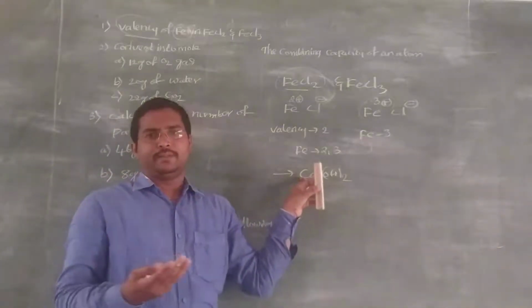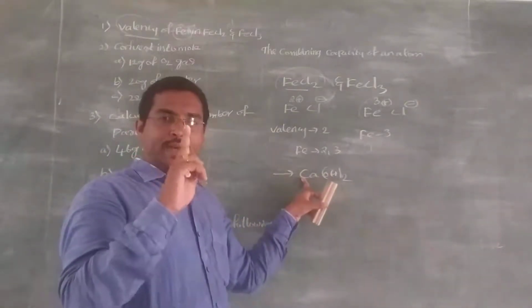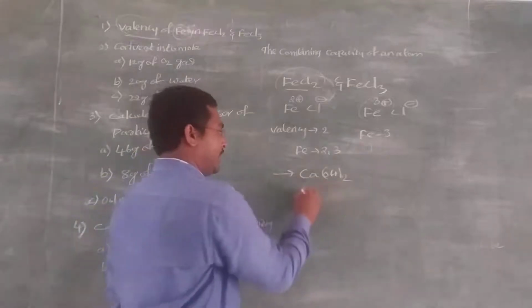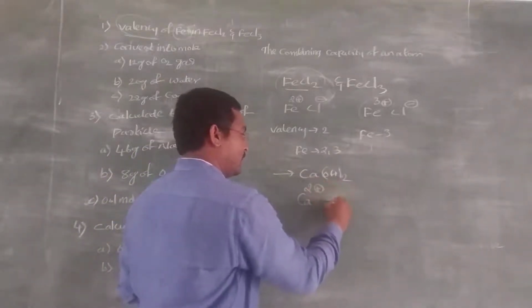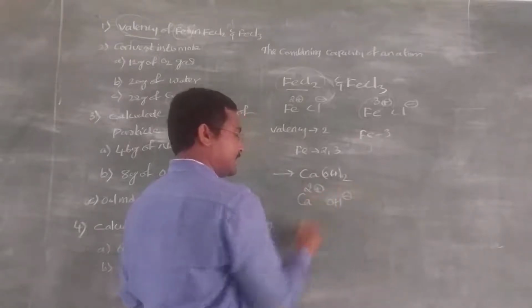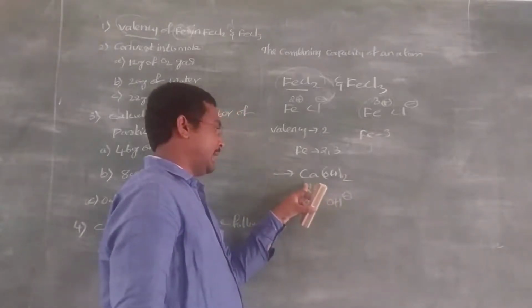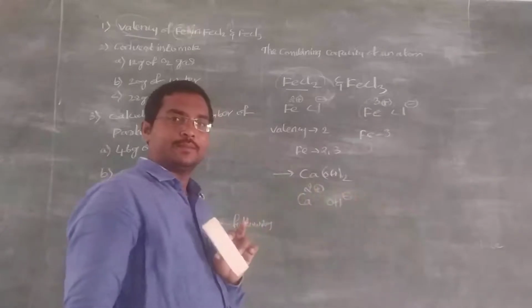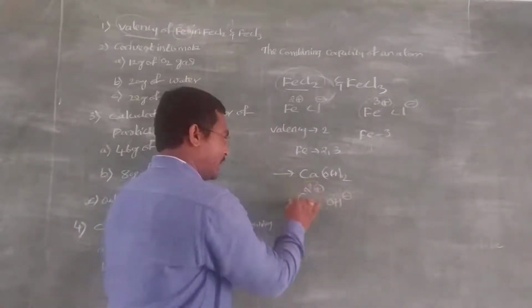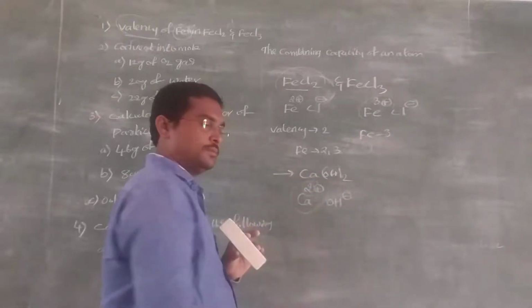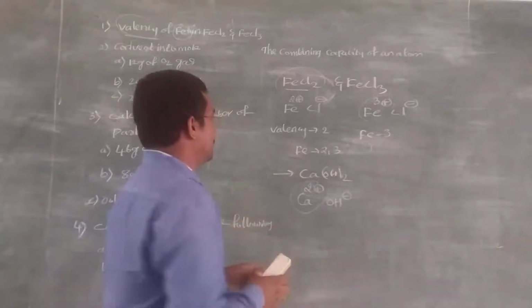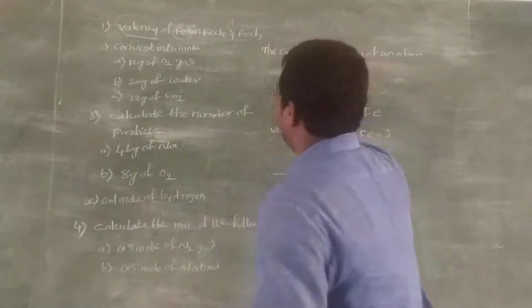The second group element contains valency 2. So remember it like this: Ca2+ and OH-. The valency of calcium is 2. Okay, next.